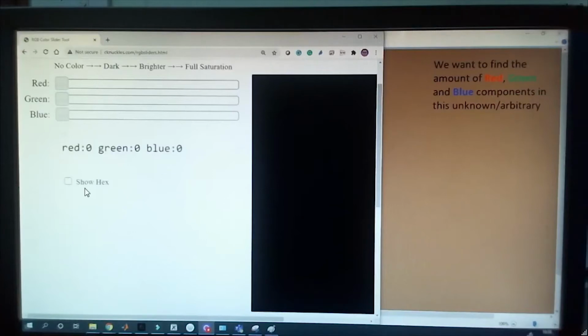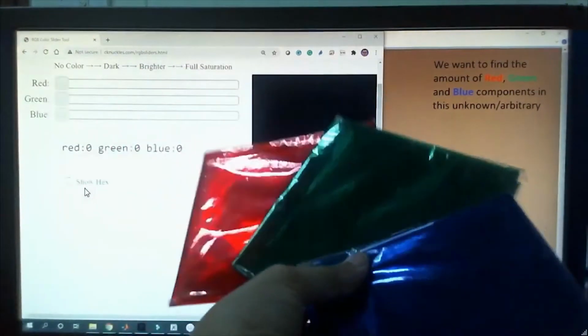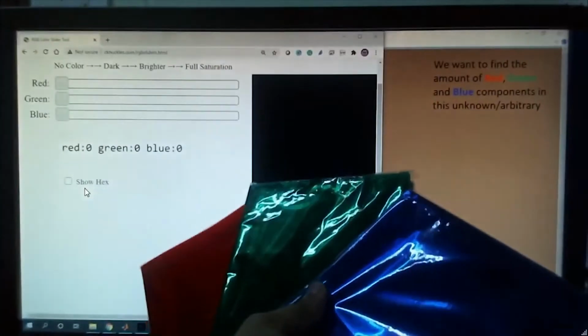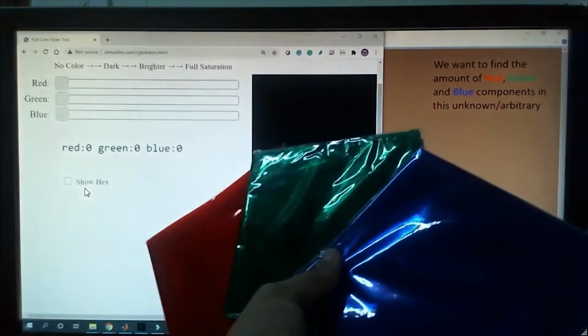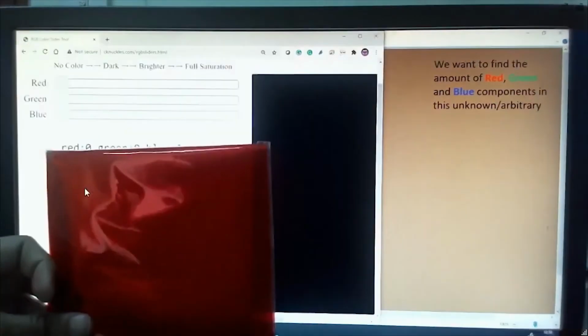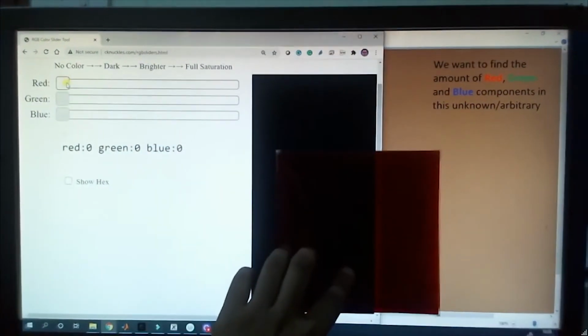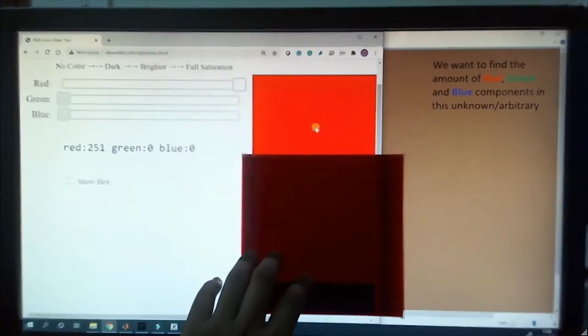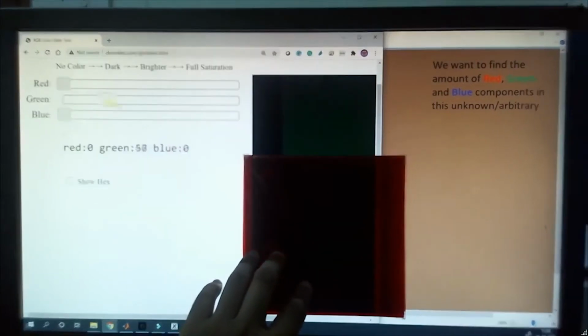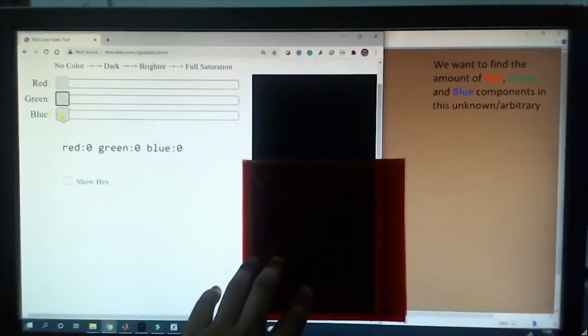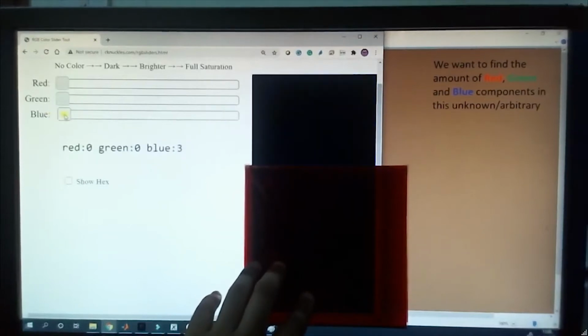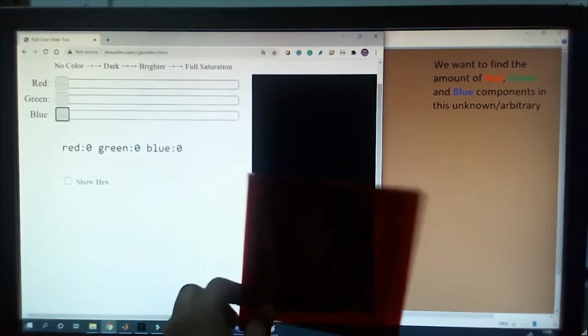Now you see my computer screen from my perspective, and I shall use some color filters, red, green and blue, for this experiment. The red filter allows the red color to pass through it, and it blocks green and blue, or makes the effect of green and blue 0.